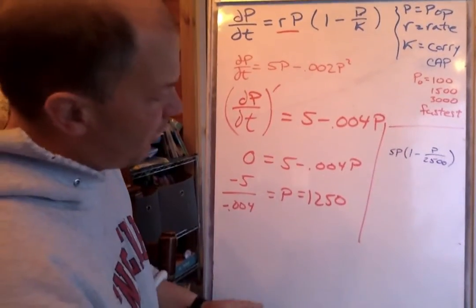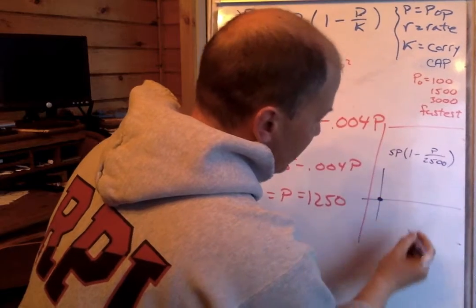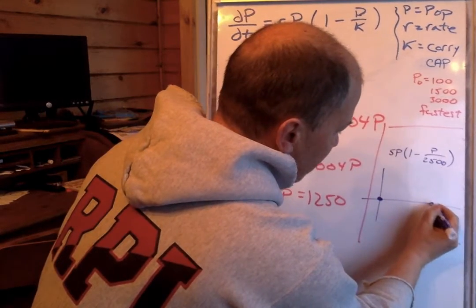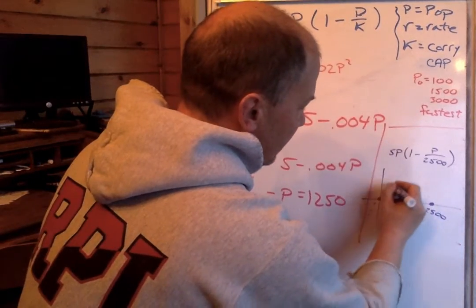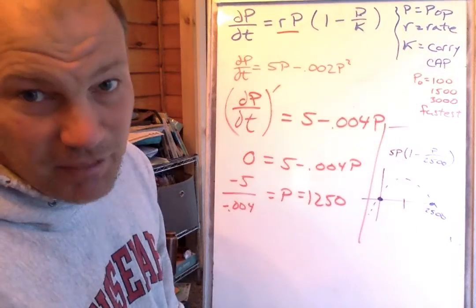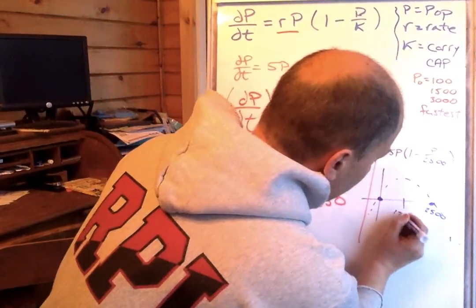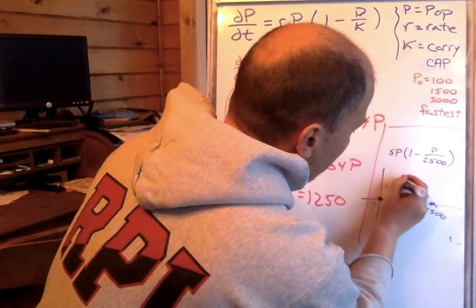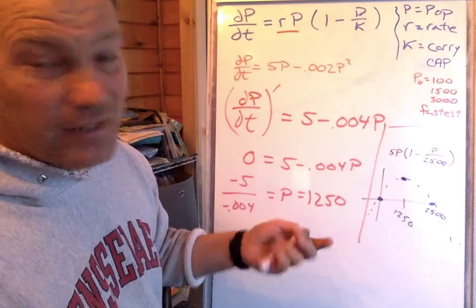We could have gone, oh, our two zeros are 0 and 2,500, and we know it has this shape, so the max must happen right at the middle of that, right? Because we know quadratics are symmetric. So we know our max is at 1,250. We don't know what it is, but we know that that's the max.